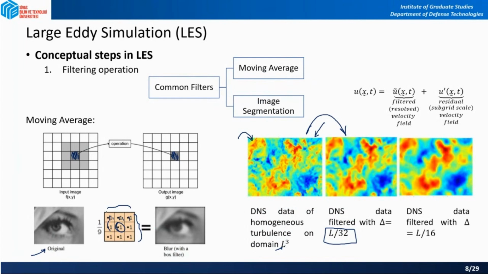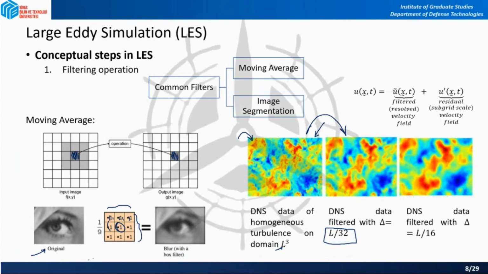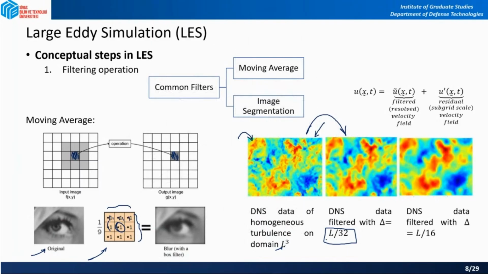I mean, the square that you are using in the box filter has a size of L over 32. And if you do it once more with a filter of L over 16, it means that your filter is twice larger than the filter in the previous step. You see that you end up with a much more blurry image. The details are gone.